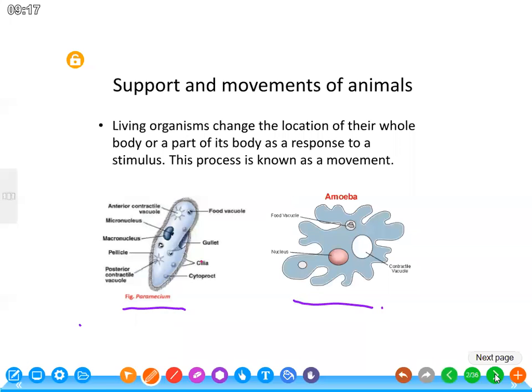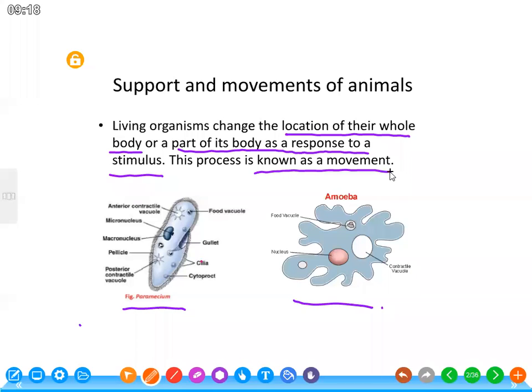Living organisms change the location of their whole body or a part of its body as a response to a stimulus. This process is known as a movement.